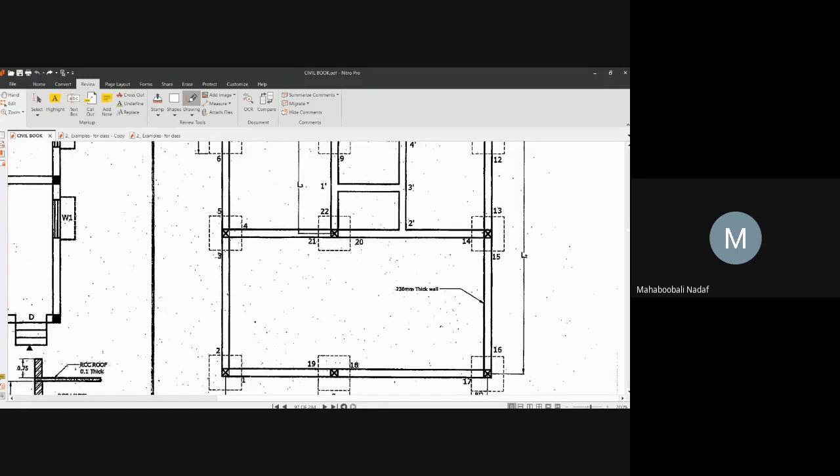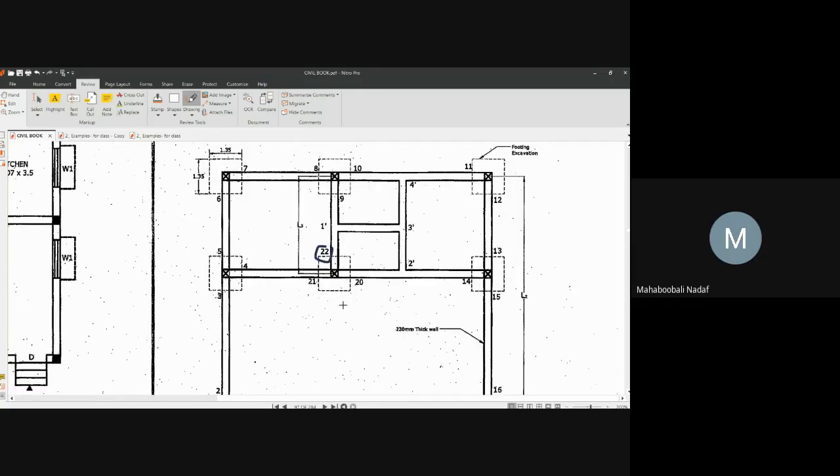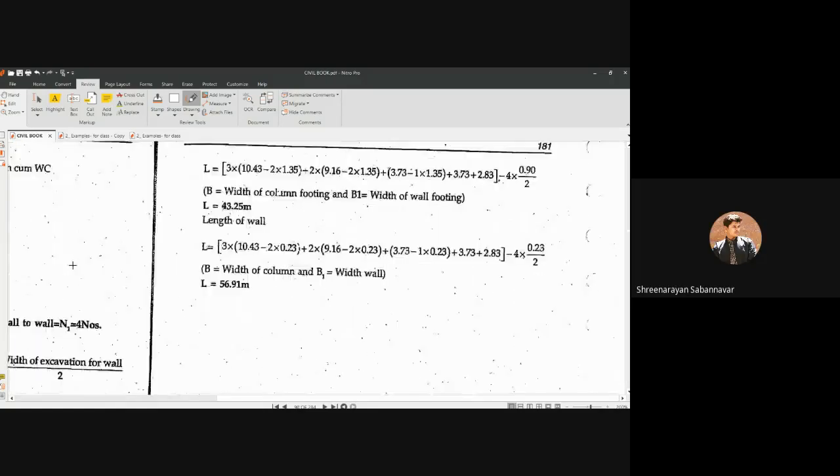So how many total junctions are there where a column is meeting with a wall? 22, sir. 22 junctions. And wall meeting with wall? 1, 2, 3, 4. Only 4 junctions for wall to wall. Okay, is that clear? Yes, sir.